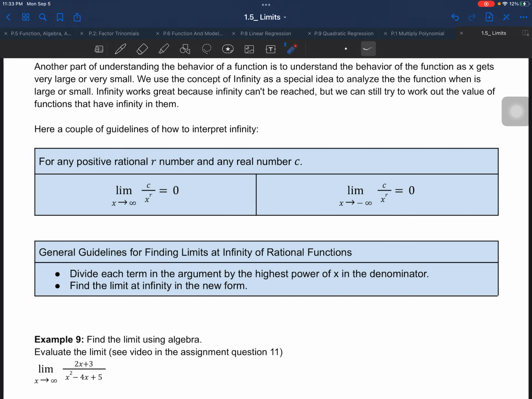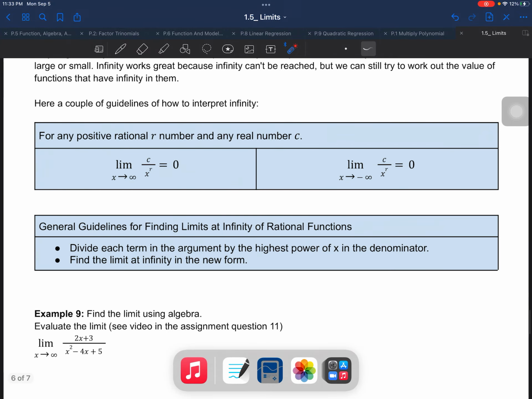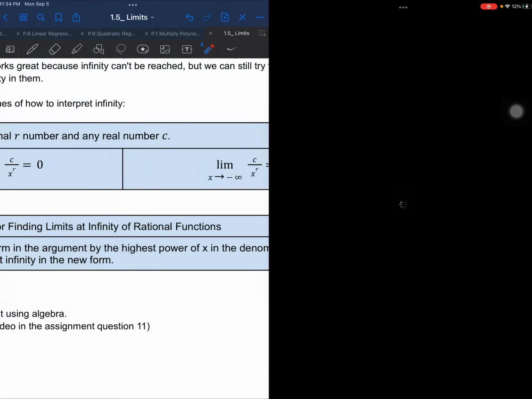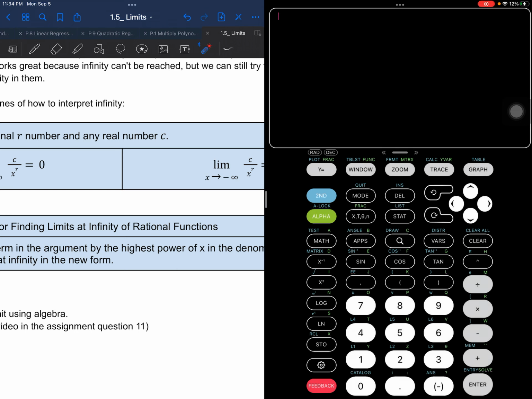If you try this in your calculator, let's see: 3 over the square root of 10,000, and we go bigger and bigger, as x approaches infinity. We press enter, and this is saying 3e to the negative 11.